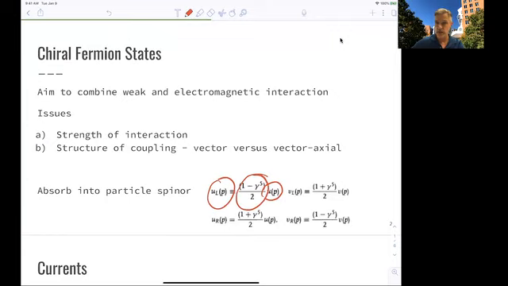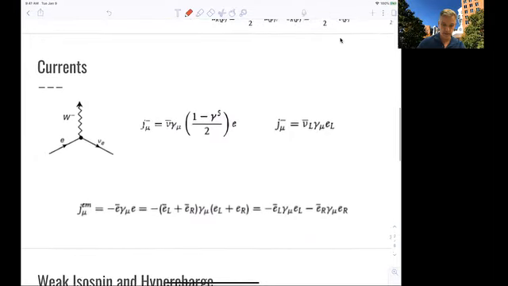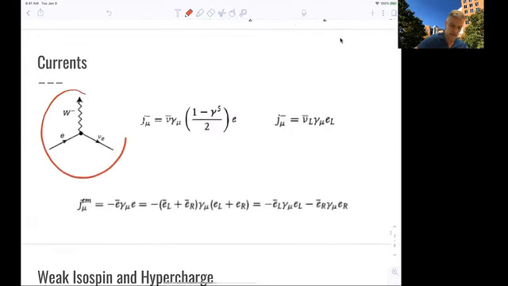This is just a projection in the definition of this, and we can do this for antiparticles as well as for the right-handed components as well. Good. So now we can look at the currents again, and we look at this weak current, which you have seen we can write as our antineutrino, gamma mu, times 1 minus gamma 5 half times e.